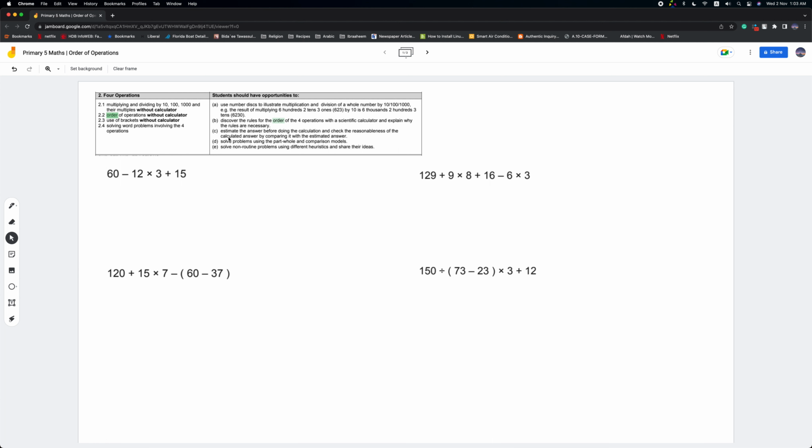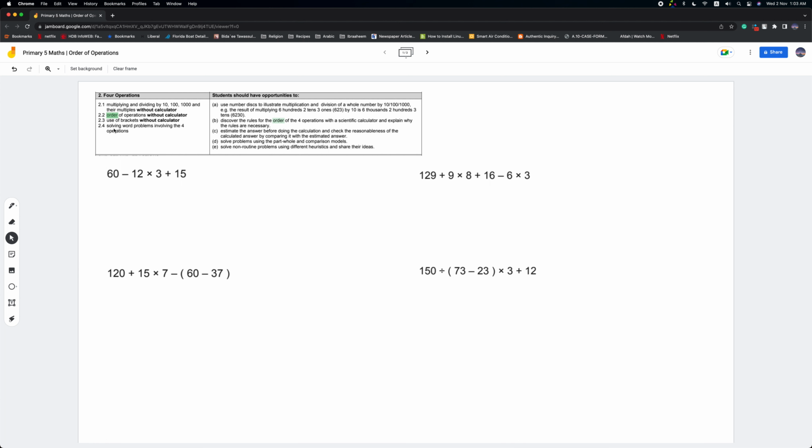The use of brackets here is basically part of the order of operations, and all these different items we have today, we will do without calculator.